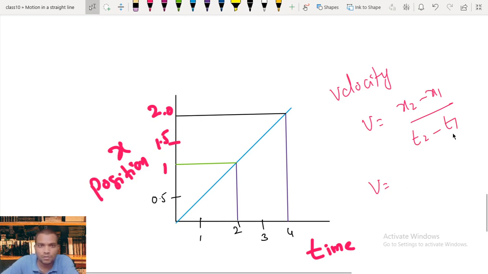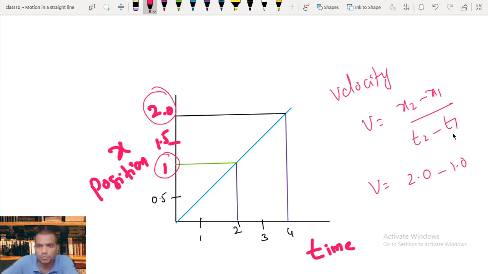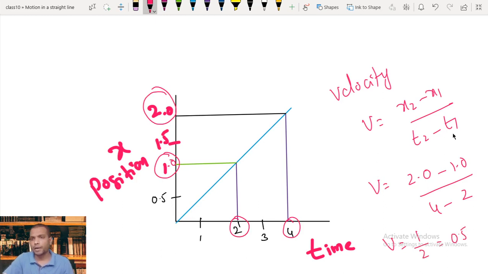So velocity v equal to, here the x2 I have taken is 2.0 minus x1 I have taken 1.0, upon t2, here it is 4, sorry, minus 2. So velocity equal to 1 by 2, which equal to 0.5.